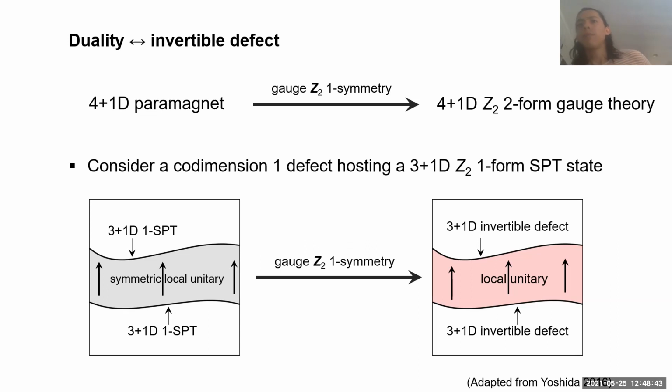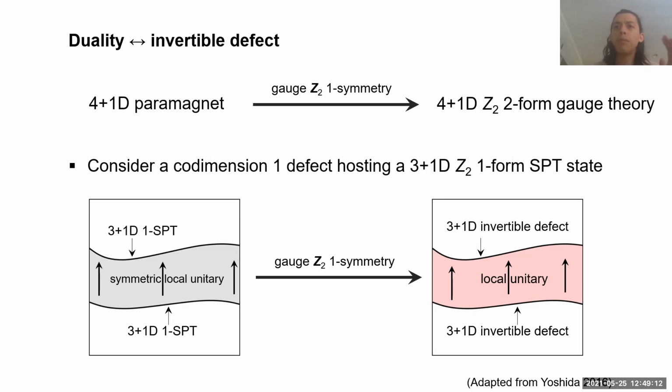And the result essentially is that when we gauge this system, we obtain a 4D topological order that has a 3+1d invertible defect embedded in it. So essentially this one-form SPT is dual to an invertible defect of the 4D two-form gauge theory.